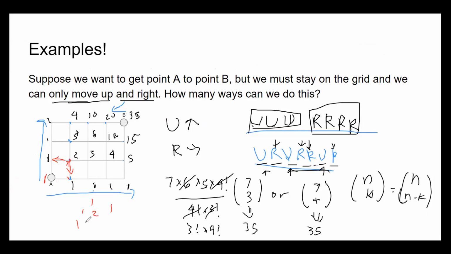So these numbers 1, 1, 2, 1, 1, 3, 3, 1, 1, 4, 6, 4, 1, as you see from just these diagonals. This is called Pascal's triangle, right?